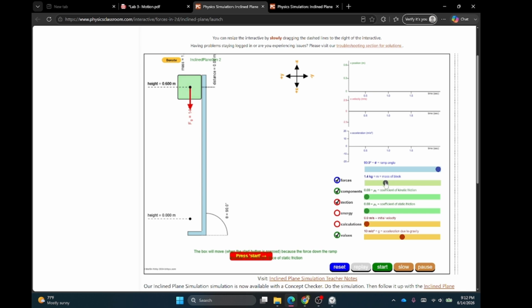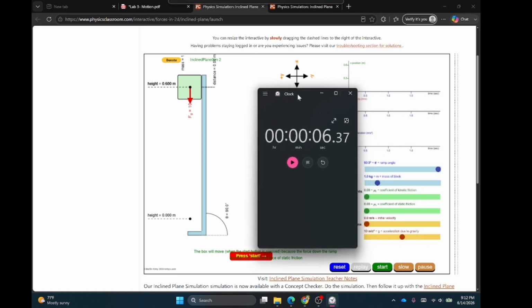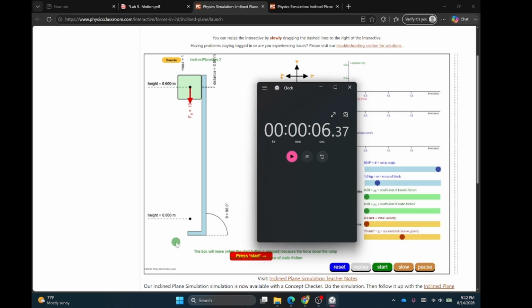Also remember, we were doing all our lab with 1 kg mass. Now for this lab, one more thing you have to do is use a stopwatch to measure the time taken for the object to fall from this position to this position.